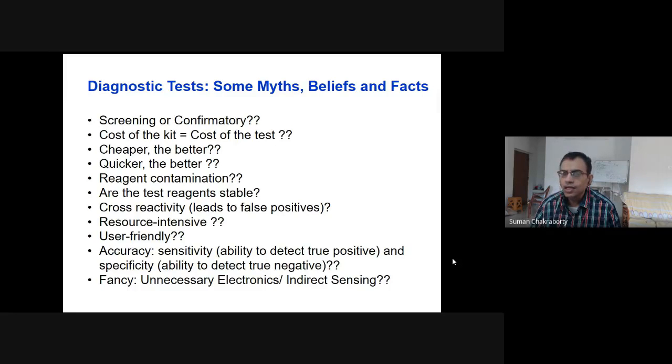There is no clear understanding whether a particular diagnostic test is screening or confirmatory in nature, whether the cost of the kit and the cost of the test are synonymous, whether a cheaper diagnostic test gives a better quality diagnostic solution, whether a more rapid test is welcome.